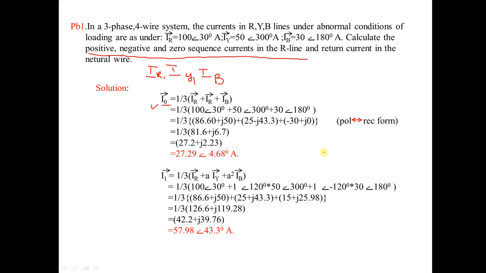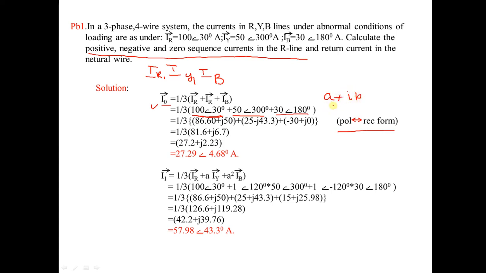Apply the given data: 100 angle 30 degree, 50 angle 300 plus 30 angle 180 degree. First, change the polar form to rectangular form using our scientific calculator by changing the mode to complex.